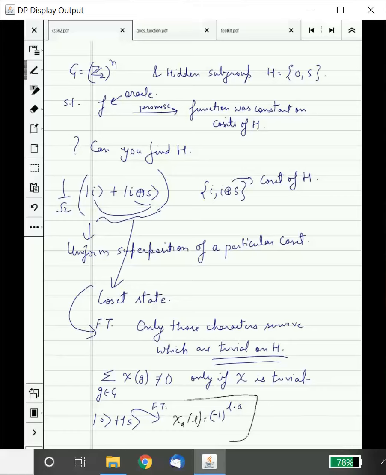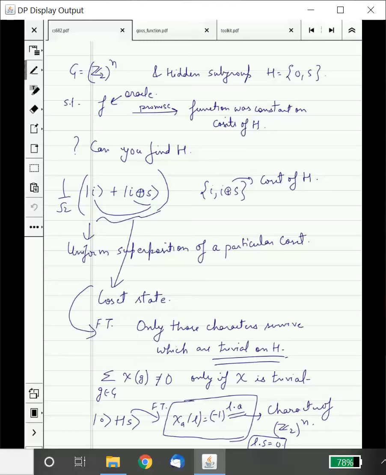This is how characters of Z2 to the power n look. And then clearly we said that we will only get characters which are trivial on H. That means L dot S is equal to 0. This is the explanation of why all this is happening.